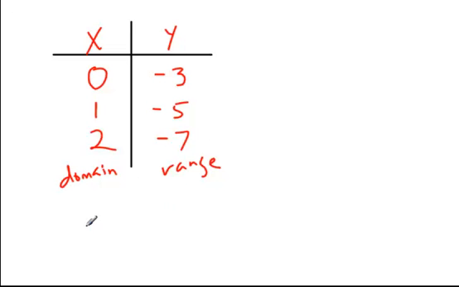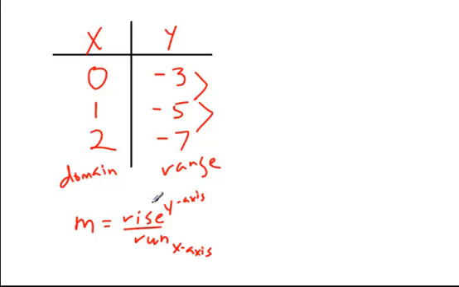We know that slope, again, is rise over run. We know that the rise is our y-axis, and our run is our x-axis. Basically, all we're doing when we have a function table and we find the rise and the run, we're just finding the distance between these 2 points and those 2 points.